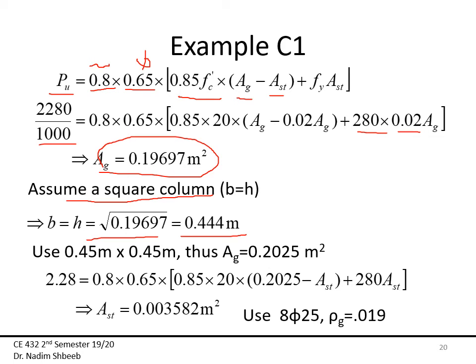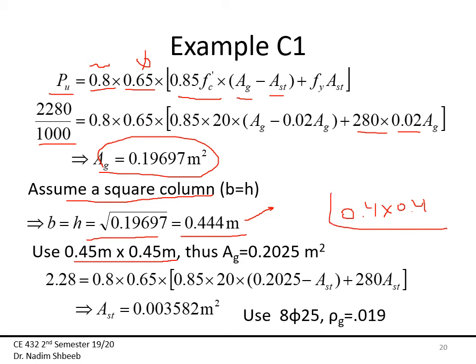Here I would like to interject something. With columns, by the way, you do not have to go up to the nearest number. You could also go down to other multiples of 50 millimeters. So here I could use 0.45 times 0.45, and you could also use 0.4 times 0.4.